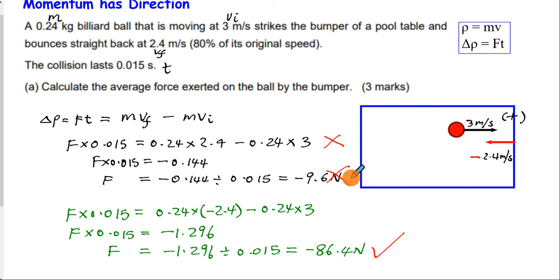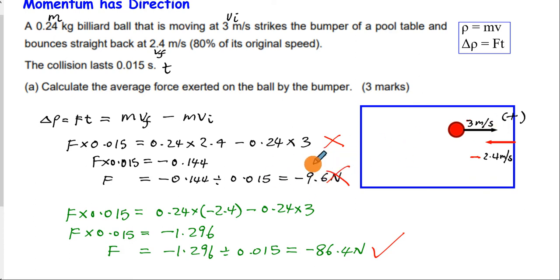It's especially tricky because even if you use the wrong calculation, you will get a negative force, which makes you think, okay, so this ball is going forward and it bounces back, the force is in the negative direction. So it looks like a correct answer, but actually it's not.